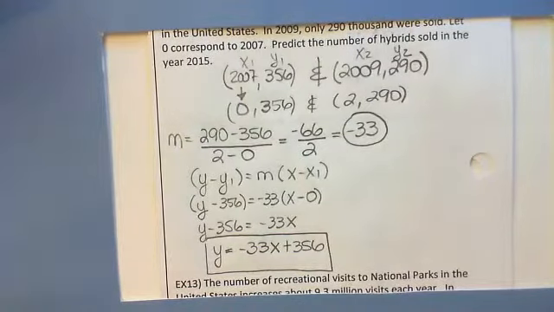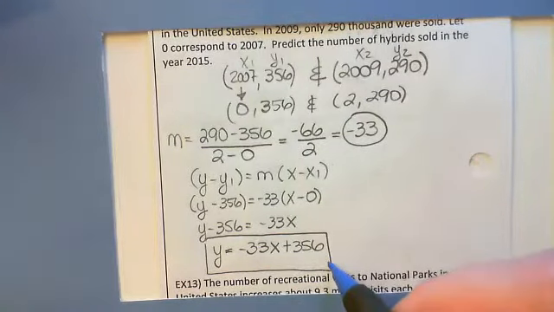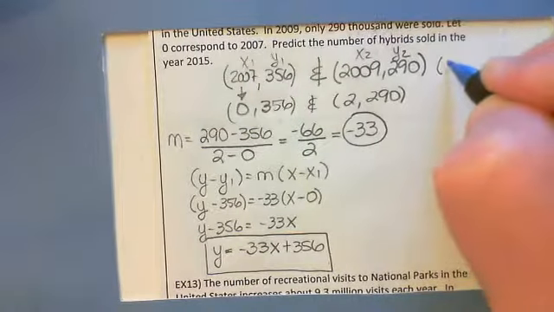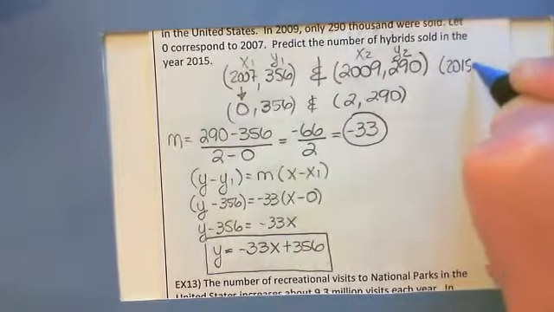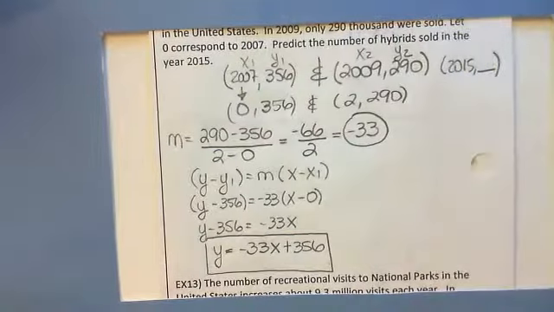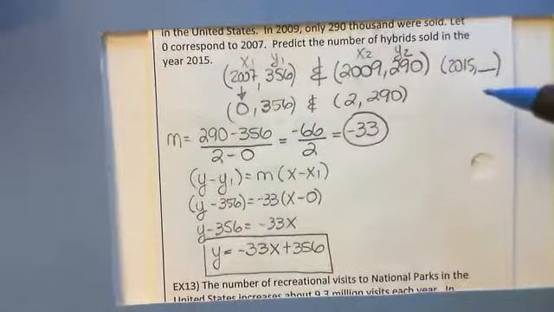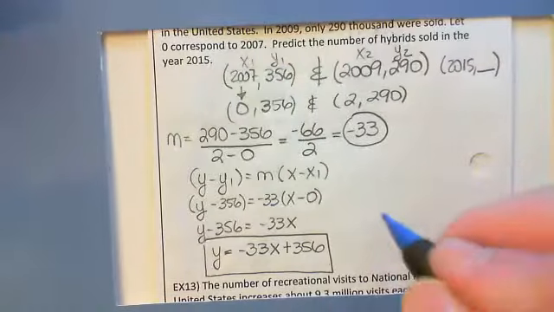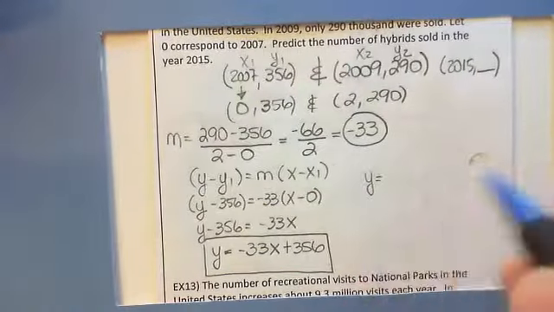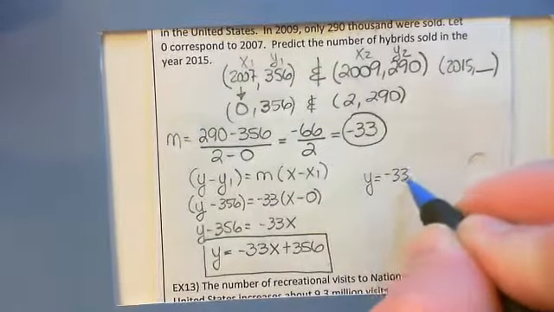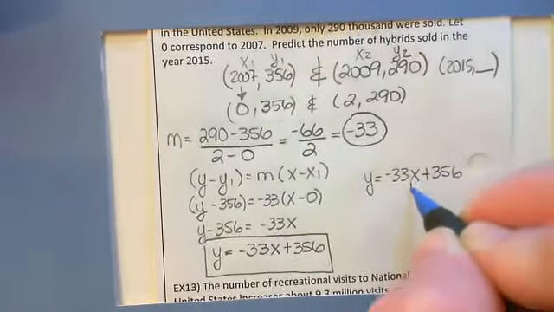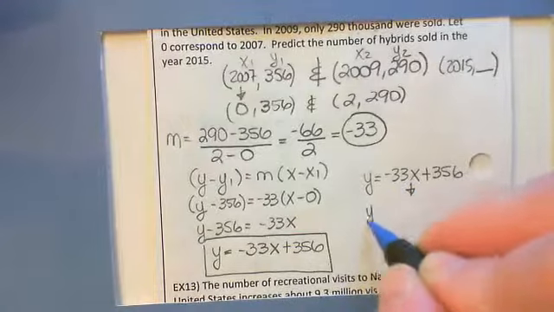So now we have our equation, and we're going to plug in the new year, which is 2015. We want to find out how many cars we're going to sell in that year. So what we do is 2015 minus 2007 means 8 years. So we're going to use that formula and plug in 8 for x.